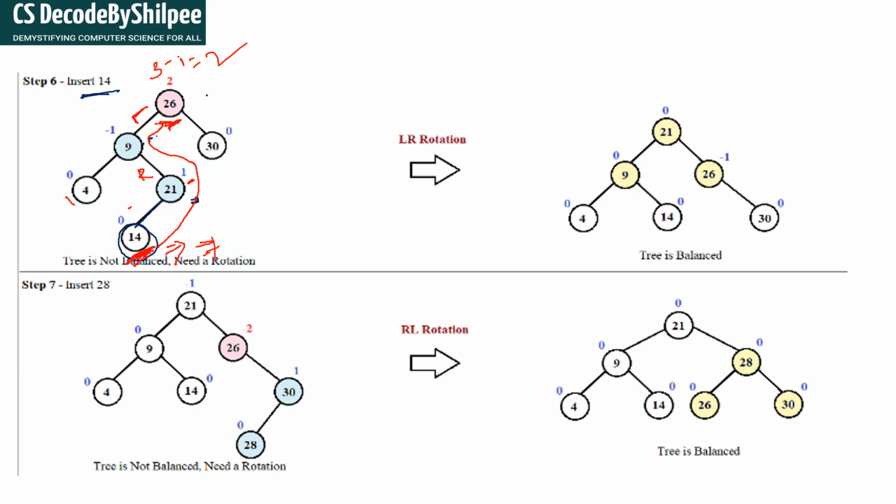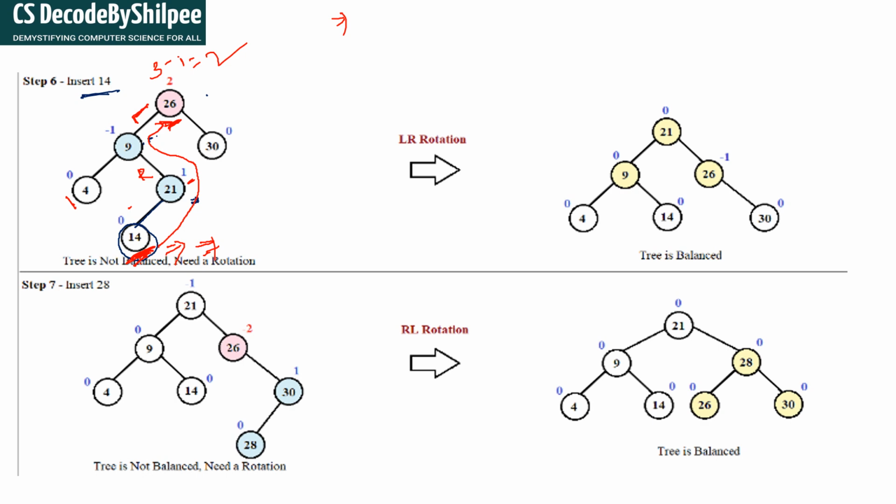You only take three nodes for the rotation. Don't go with this other one, because I've already explained in the previous video that you only perform the rotation between three nodes, and that too from the last inserted node. 14 is inserted now, so you have to check from 26 to the 14 side, not to the 4 side.